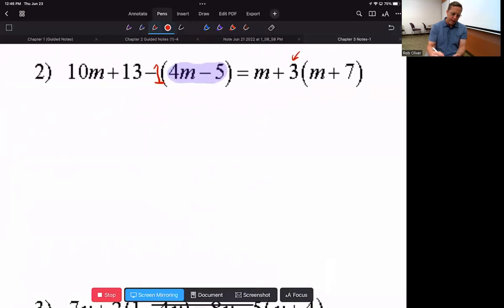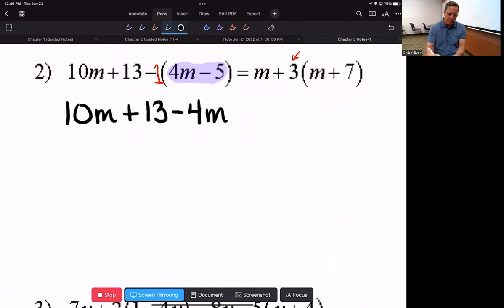So let's do that. I'm going to rewrite the problem. So 10m plus 13, nothing happened to that, so just drop that down. So -1 times 4m is -4m.